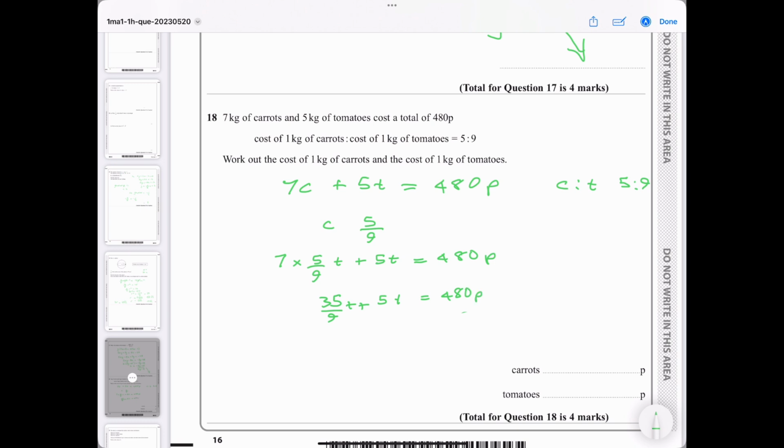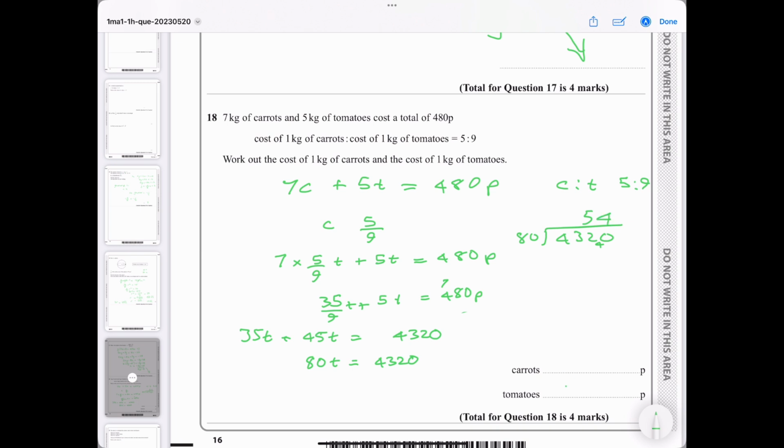So that would be 35 plus 45T over 9, and multiplying by 9, 480 times 9 is 4320. So that would be 80T equals 4320. So 4320 divided by 80 is 54.